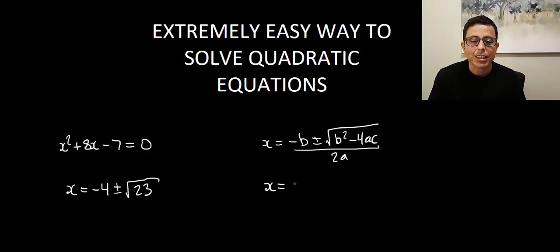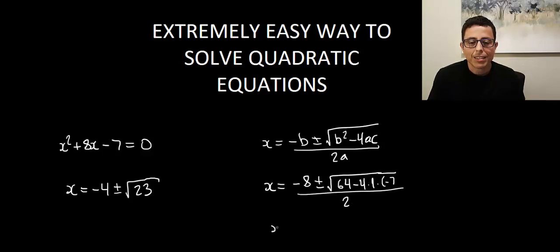So a, b, and c. This would be -8 plus or minus 8 squared, which is 64, minus 4 times 1 times c, which is -7, all divided by 2 times a, which is 1.